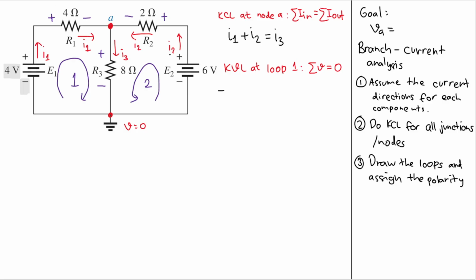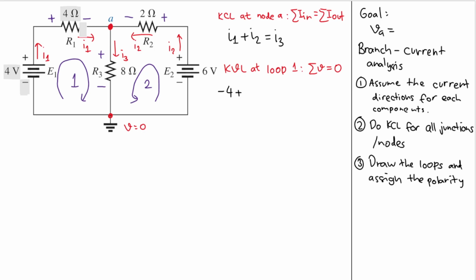So I will have minus 4. Then let's move on to this 4 ohm resistor. To get the voltage across a resistor, we need to multiply it by the current, and the current through this resistor is I1. So I will have minus 4 plus 4I1.